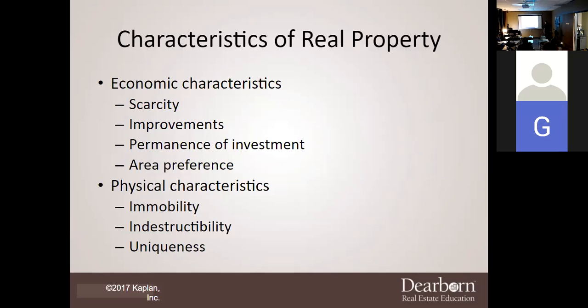And how are you going to catch the minerals underneath? You're not going to be able to catch everything, okay? So you cannot move it, and it cannot be destroyed. Even if you hit it with a nuke, you don't destroy the air, and you don't destroy the center of the earth. You may destroy the surface and some of the subsurface, but you're not going to ultimately destroy it.